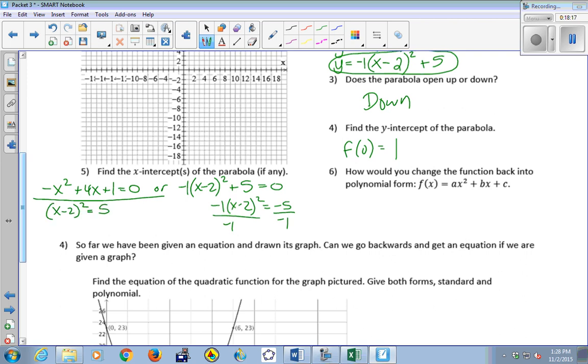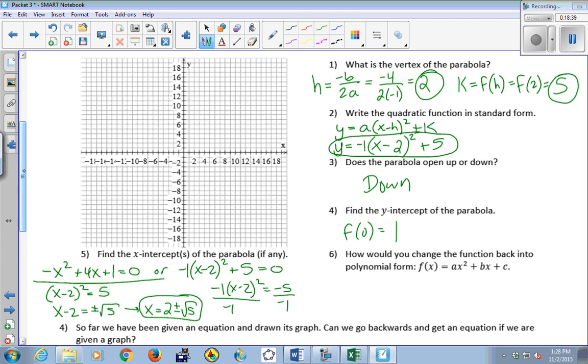And then how do I undo squaring? Square root. So x minus 2 is plus or minus the square root of 5. And then add 2 to both sides. So x is 2 plus or minus square roots of 5. And then I can get an approximate value for that if I want.